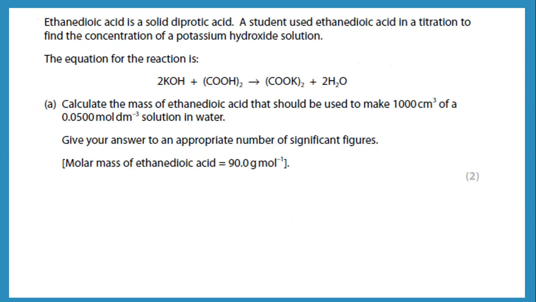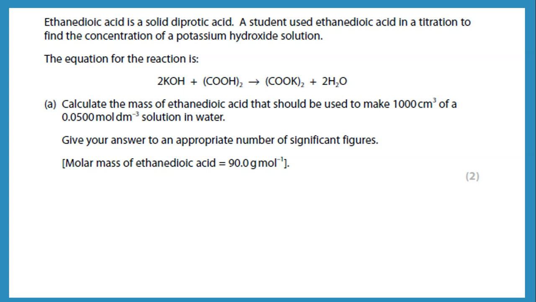Okay, let's try this one. Ethane dioic acid is a solid diprotic acid. Just ignore all of this if you haven't done organic yet. A student used ethane dioic acid in a titration to find the concentration of potassium hydroxide. So we have the ethane dioic acid is that acid that has COOH twice.